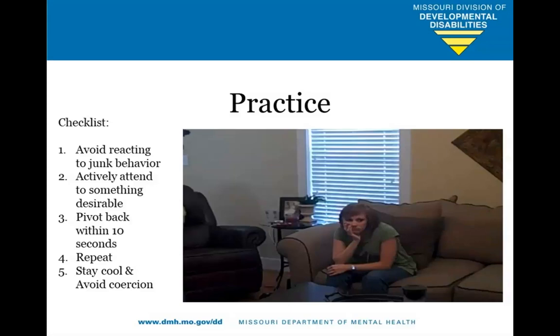You're looking for staff to actively attend to something desirable, so something good that the person is doing in the moment, or something neutral in the environment or with the individual. And then you're looking for staff to give their attention back to the person within 10 seconds, and then repeating and staying cool, so not reacting and avoiding coercion.